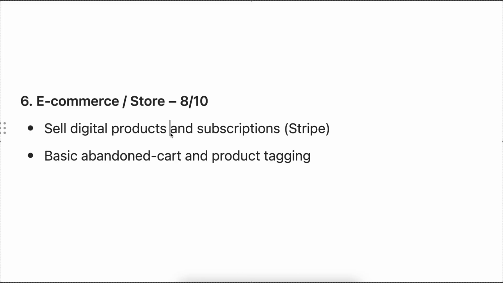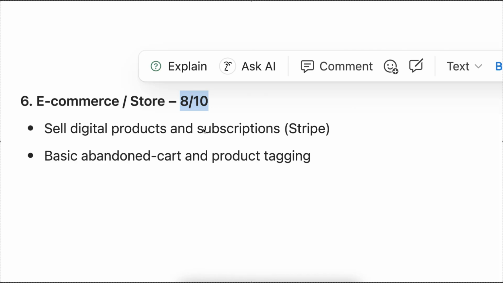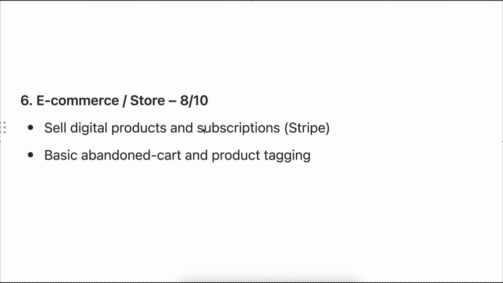I don't know if that's the option necessarily you want to go with, or you want to use an actual e-commerce tool, but they do provide this. And then you have all of these different features like the abandoned carts, product tagging, all of those kind of things. You can insert products within emails. I will give it an 8 out of 10 because it's not primarily made for e-commerce. So there are some tools that are more advanced than MailerLite.